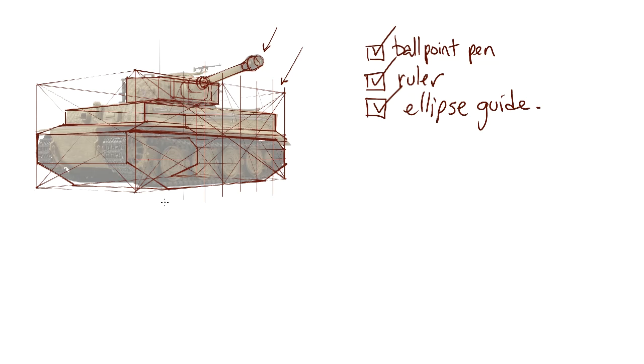And if you are absolutely gung-ho about doing this freehand, you're welcome to try, but I do highly recommend that you do at least the first half of your homework using these tools.